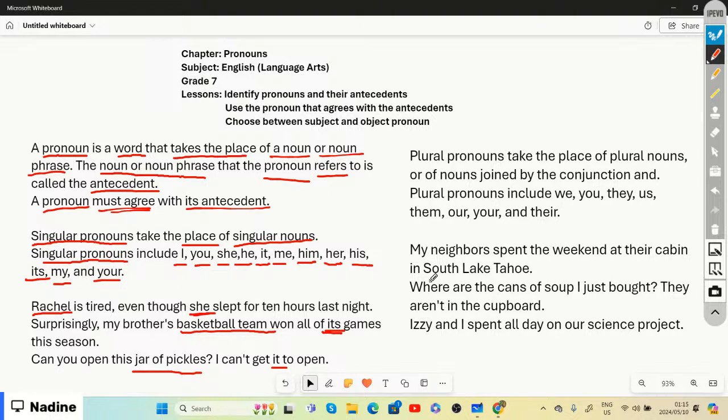All right. Then we have plural pronouns, right? We spoke about singular pronouns, which refer to either one person or one thing.